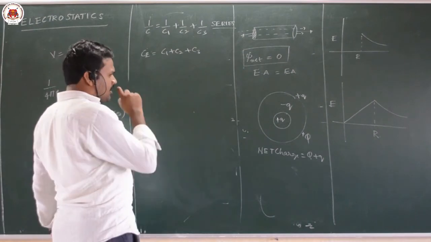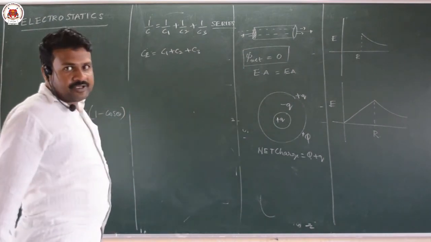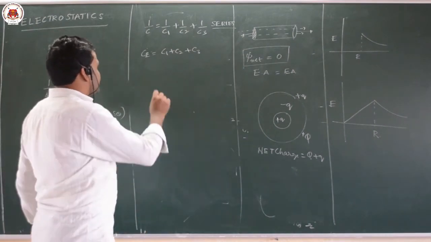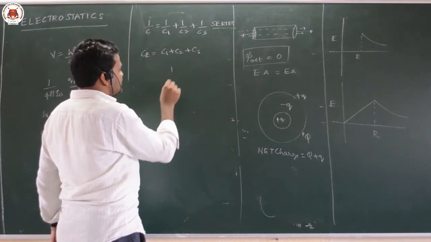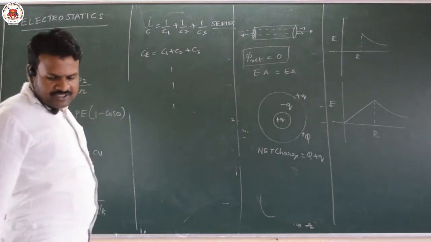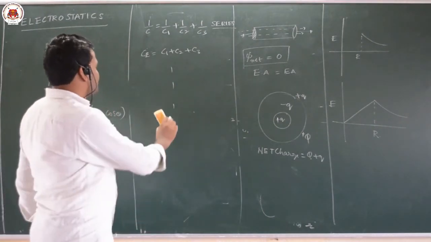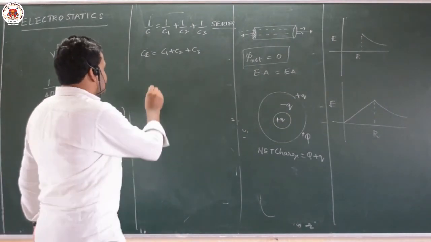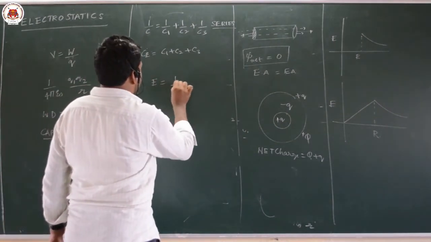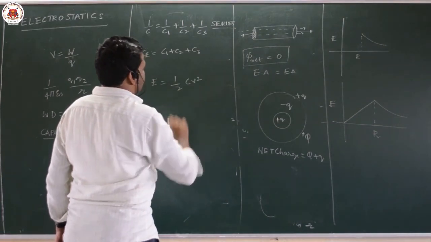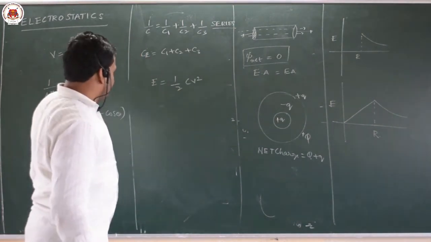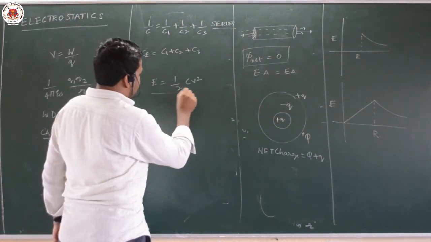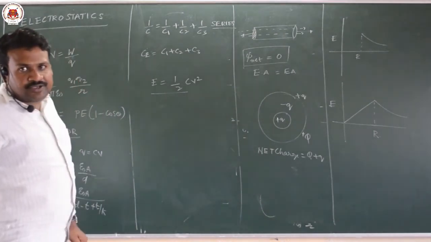In parallel, all positive plates are connected towards one side and all negative plates towards the other side. And energy stored in the capacitor is E equal to half CV square. With dielectric and without dielectric, what happens to energy, you already studied in your theory classes.